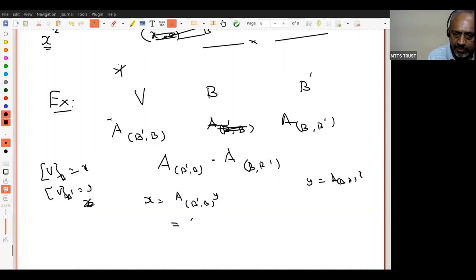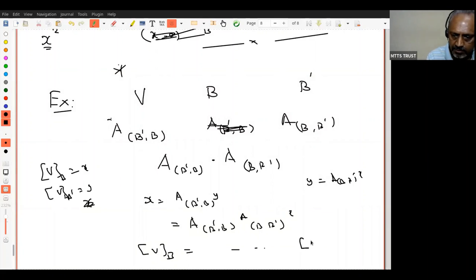Therefore I can substitute this A B dash B into A B B dash of x. So this stands for the vectors in B, and this product of matrices acts on them.